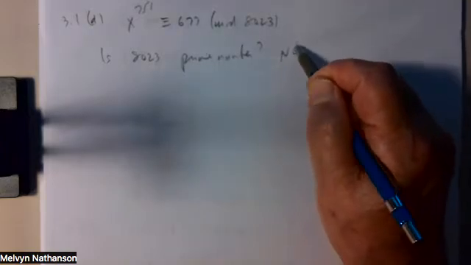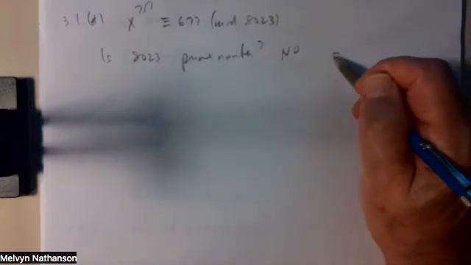Well, you can try and check it by hand. That would take a lot of work. But again, if you have a computer to use, even if you just took calculus at Lehman and learned Maple, it turns out the answer is no. 8023 is not a prime number.